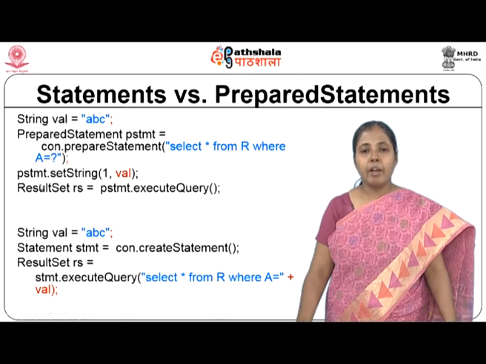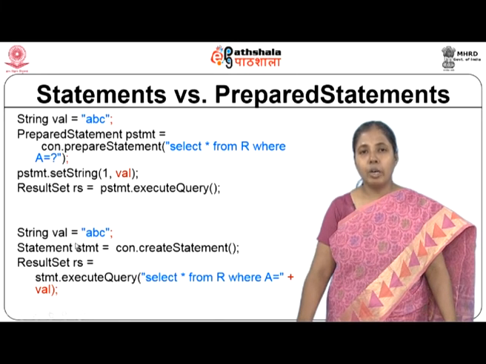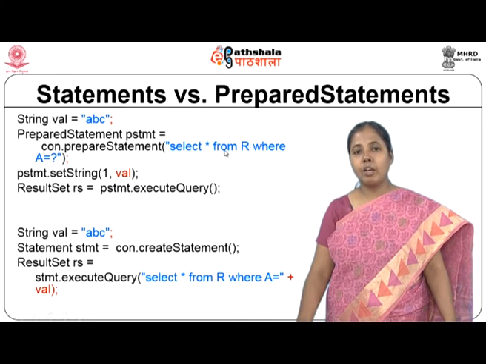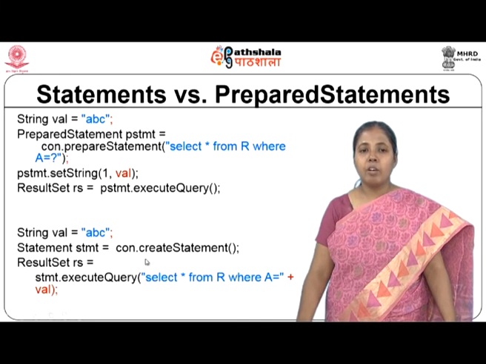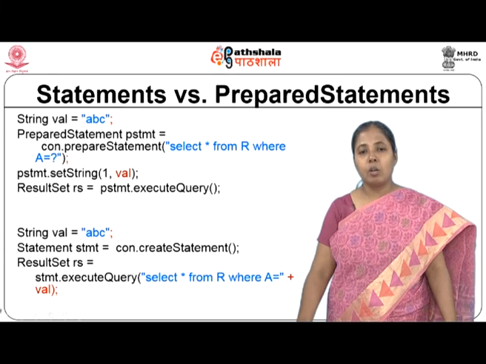If you see in the create statement, the same way you get the string value, and then create statement is empty, which says that you create a statement object. But here prepare statement is getting a query string, whereas create statement does not get anything. Now, when you are executing the query, you are actually providing the query string.